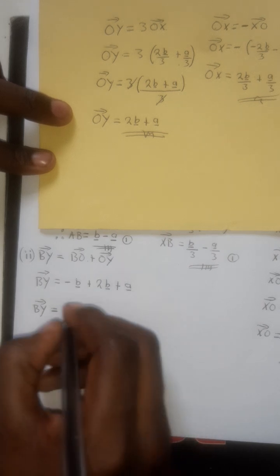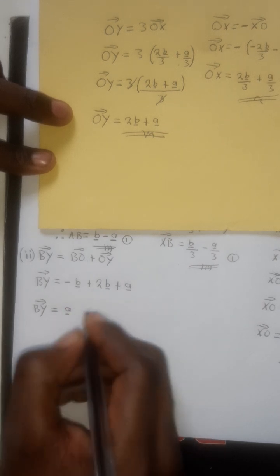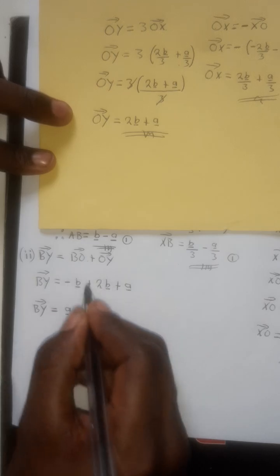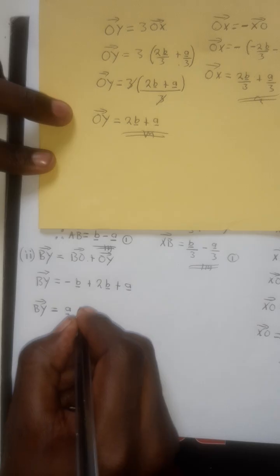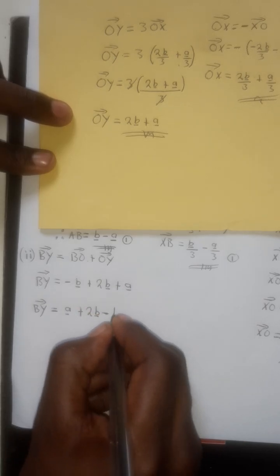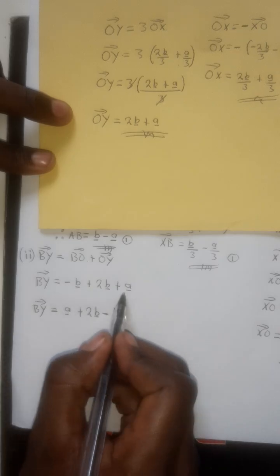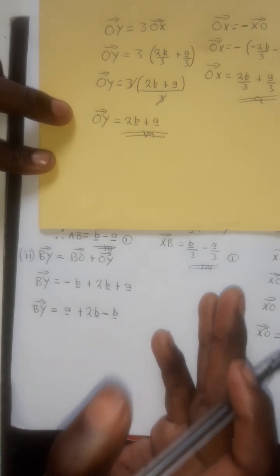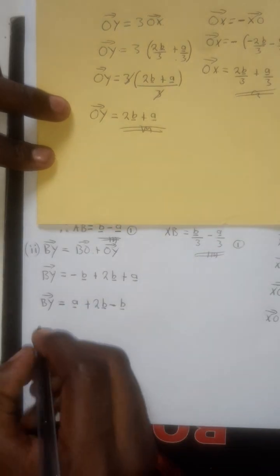A is just alone, so you can say vector A. Then we group these together. You can either start with this one or this one, it's one and the same. I prefer starting with a positive. So positive 2 vector B, then negative vector B. Here I've only collected the like terms, so don't change the signs because there is nothing that is crossing the equal sign here.